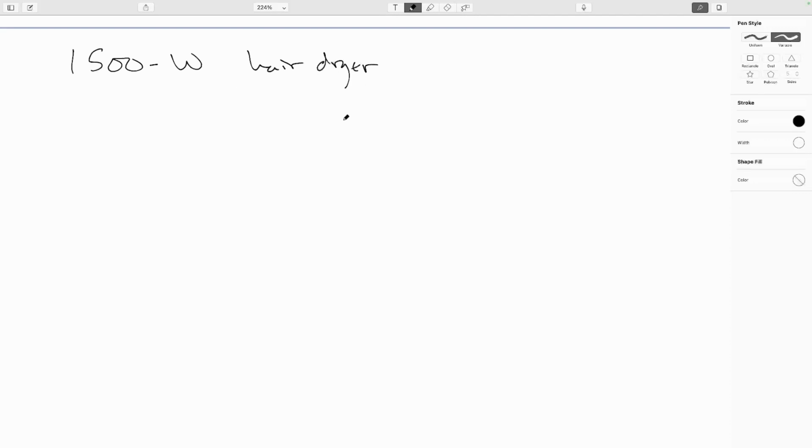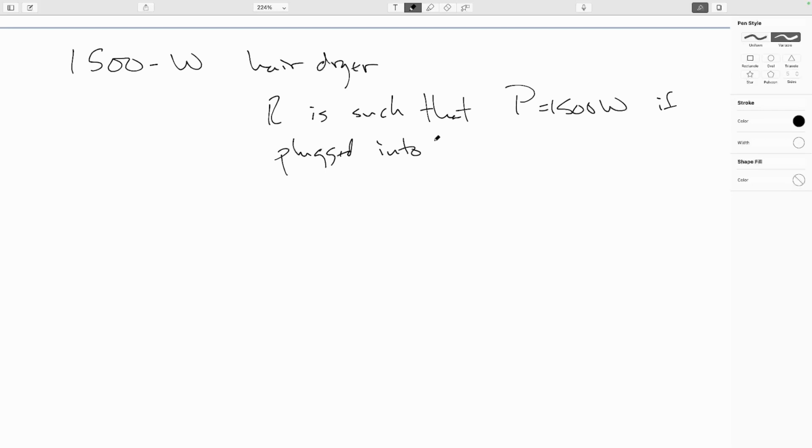If it's being sold in the US, they're expecting it to be plugged into an American wall. So this is really advertising the resistance: the resistance is such that the power dissipated will be 1500 watts if plugged into a 120 volt outlet, which is the standard in North America. However, in most of Europe, it's a 240 volt outlet, thus the little switch.